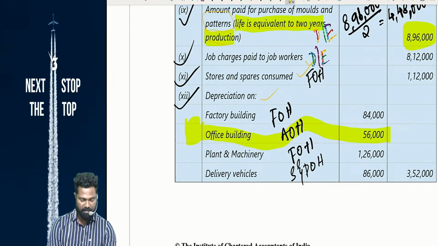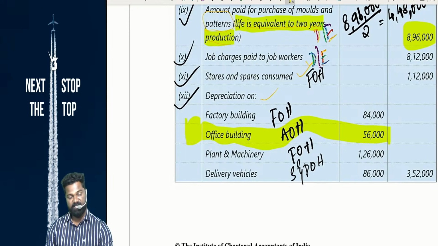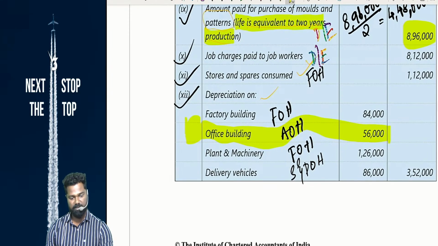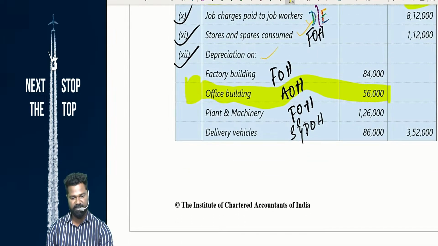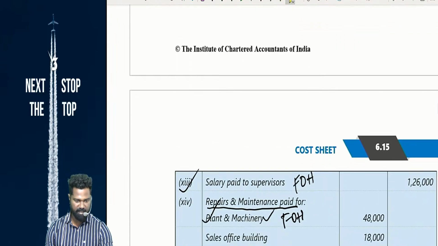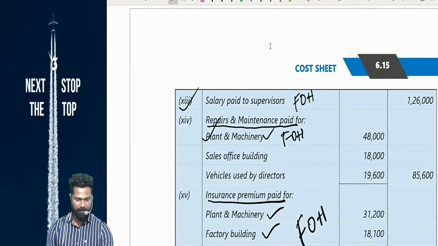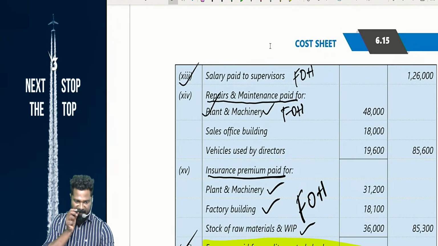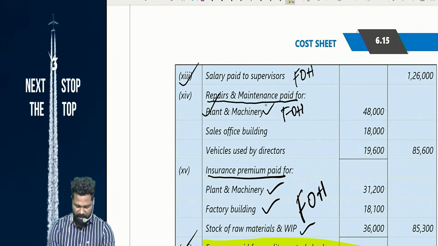Look at this here. 56,000. Depreciation on office building is 56,000. Clear? Let's check. Are there any other items? Okay. I think it's repairs and maintenance of office building.